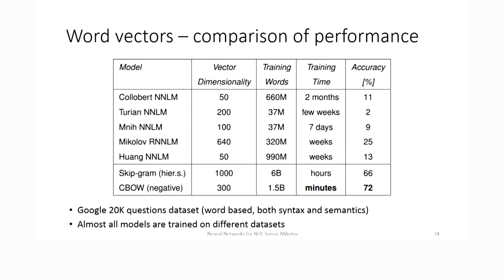So the models that were quite popular in the neural network community back in the day, like in 2012 and so on, are these several models. One was from Ronan Collobert, who trained his model on, I think, Wikipedia for 2 months.